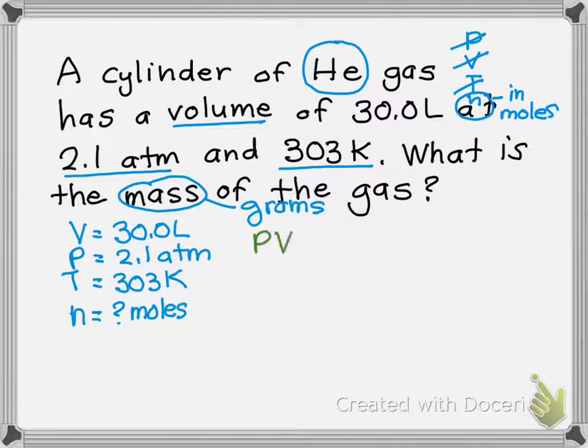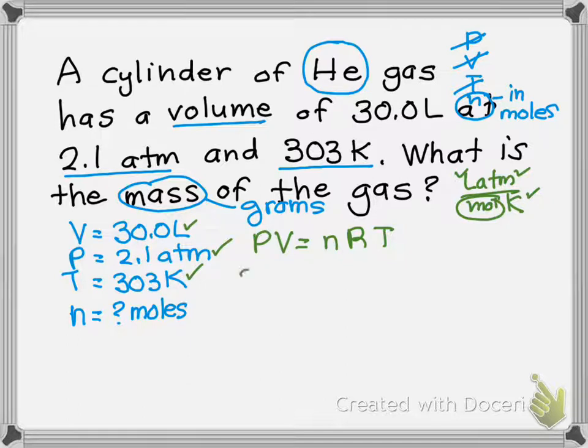So PV equals nRT. And this time I know pressure. Oh wait, before we start, let me check my units. So R is liters, atmospheres, moles, Kelvin. So I have liters, atmospheres, I'm finding moles, and Kelvin. So I'm okay. I don't have to convert any of my units.